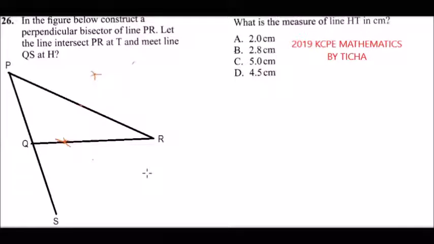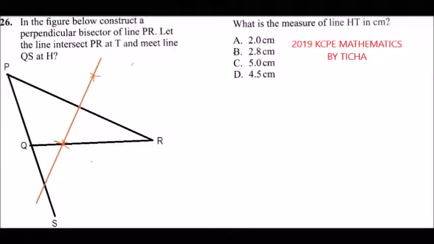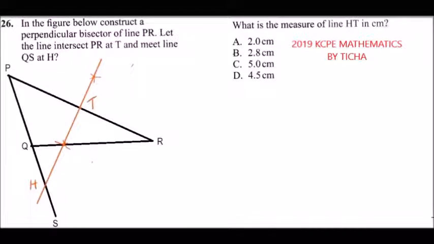So I have marked these 2 points, and I'm going to join where the two arcs intersect to come up with a straight line that bisects PR and meets QS at H. Now I'm going to label my points, that is point T and H. So I have labeled my point T, where the line cuts PR, and point H where the line cuts QS. And now you are told what is the measure of line HT.